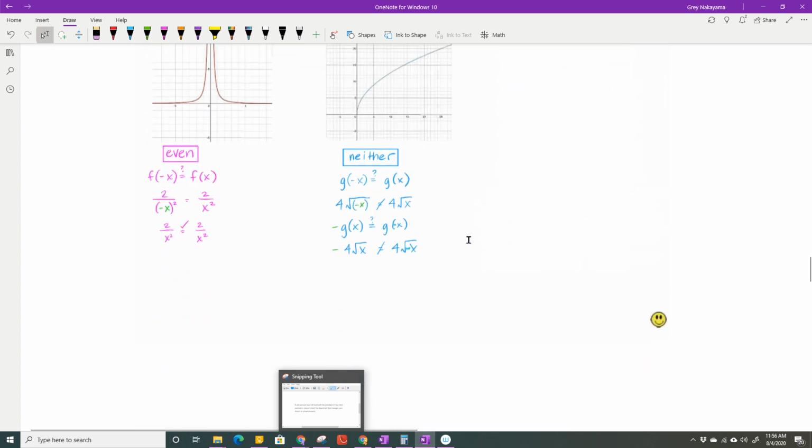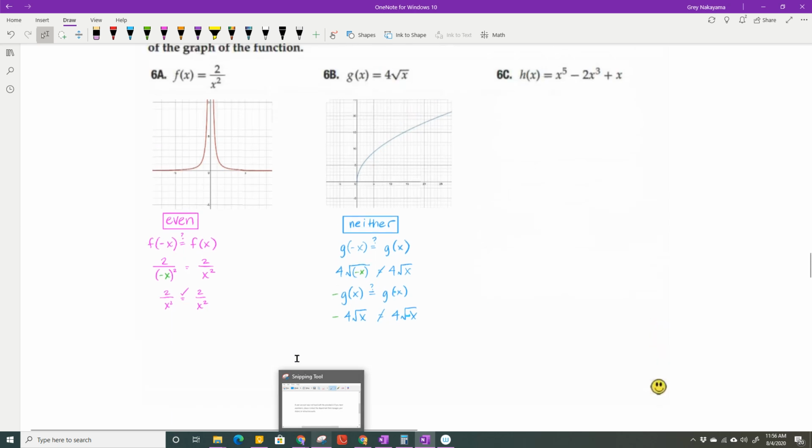That's what I just figured out right here, that g of negative x is right here. And negative g of x is this. And those are not the same thing. We already talked about that. That doesn't exist.